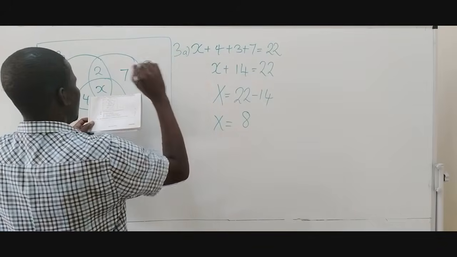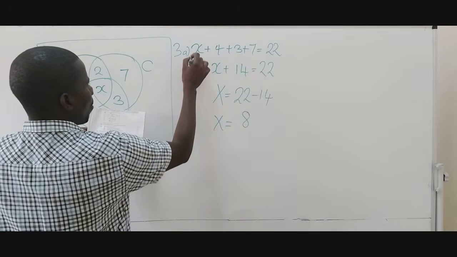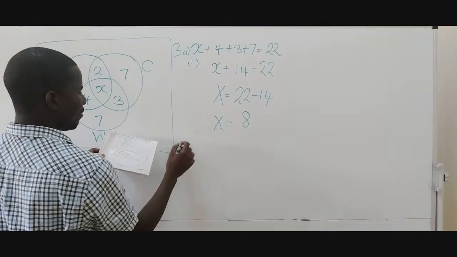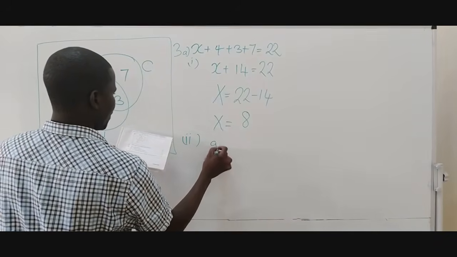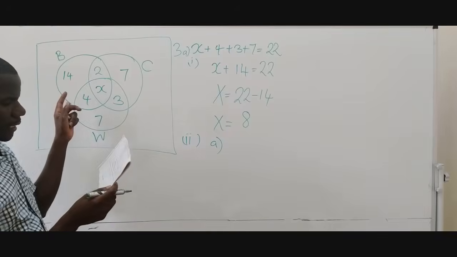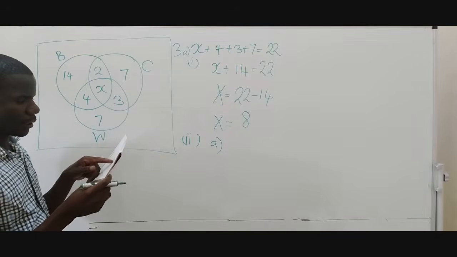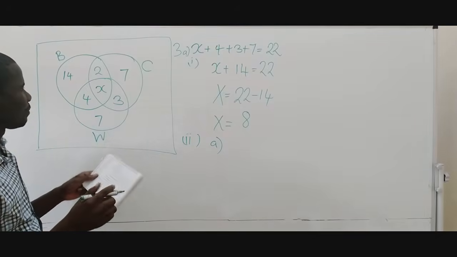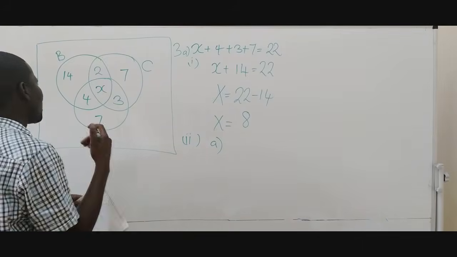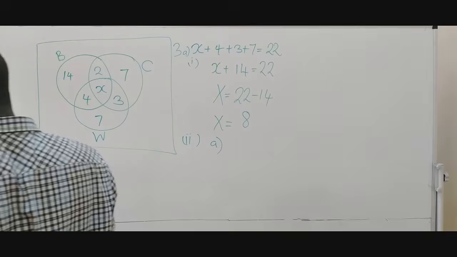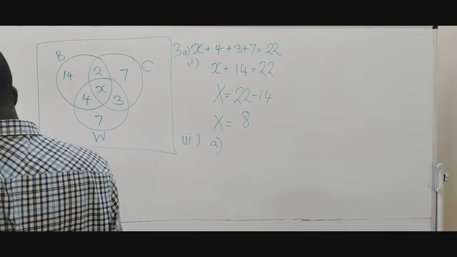This is the question 3a, Roman numeral 1. Then we have Roman numeral 2. From this Venn diagram, how many learners use only one mode of transport? Those that use only one mode of transport, how many are they?